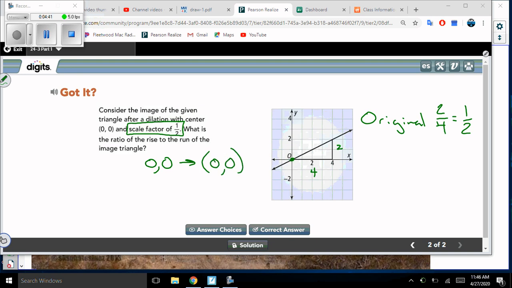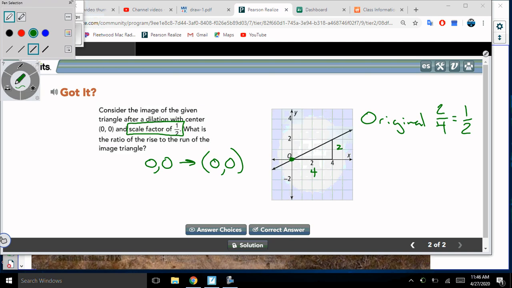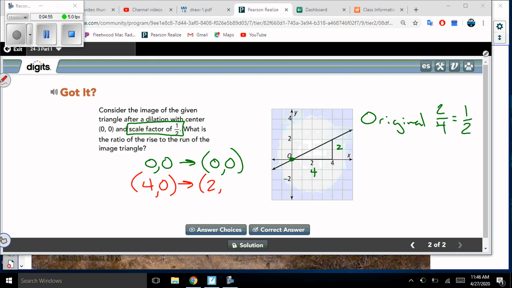So obviously this one stays put. Okay. We could take 4, 0, and if I multiply 4, 0 by 1/2, half of 4 is 2, and 0 times half is 0. And then on my last point, where am I at? I'm at 4, 2 on my black triangle.